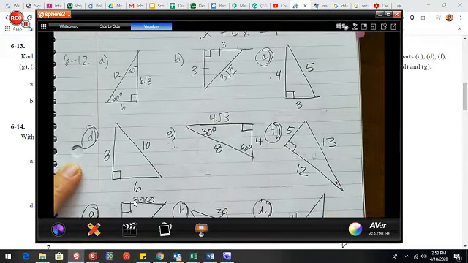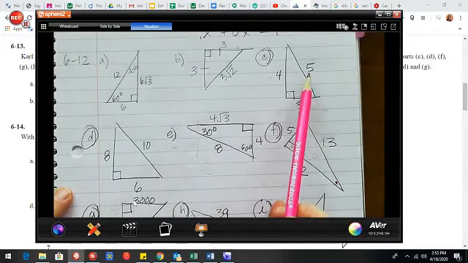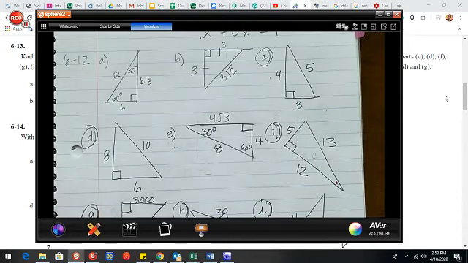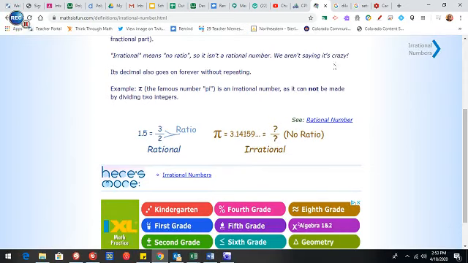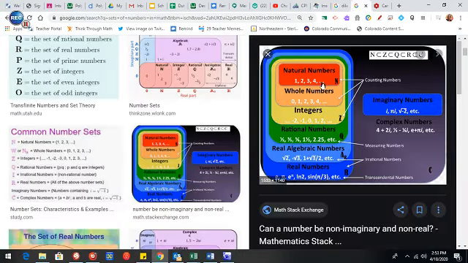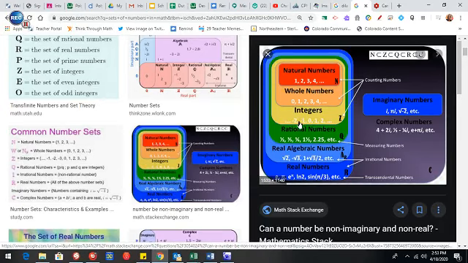Okay, he noticed that these are all integers, and remember from yesterday that an integer is like -2, -1, 0, 1, 2. It's not going to be something that has an irrational number in it. So it's not something with square root of 3 or square root of 2.